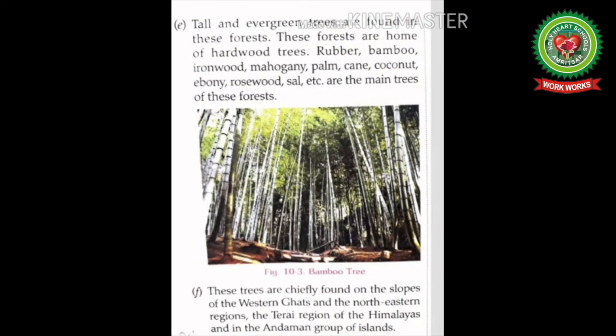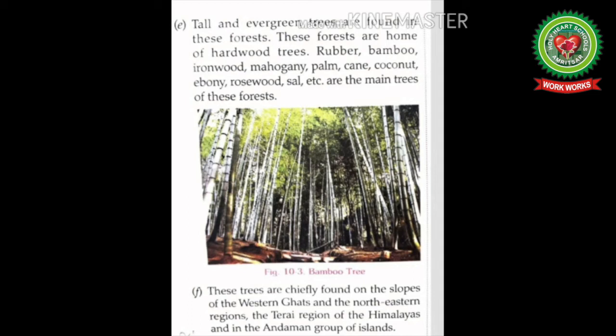Come back to the reading again. Tall and evergreen trees are found in these forests. These forests are home to hardwood trees: rubber, bamboo, ironwood, mahogany, palm, cane, coconut, ebony, rosewood, sal, etc. are the main trees of these forests.